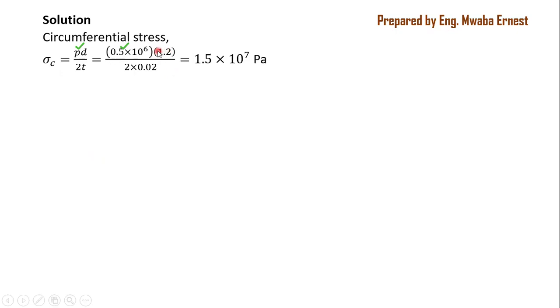Then we have the other one, which is the D. The diameter of this cylinder is actually 1.2. And then 2 is just 2 like that. Then the one that we're dealing with now is 0.02, that is the thickness. And we leave it like that.